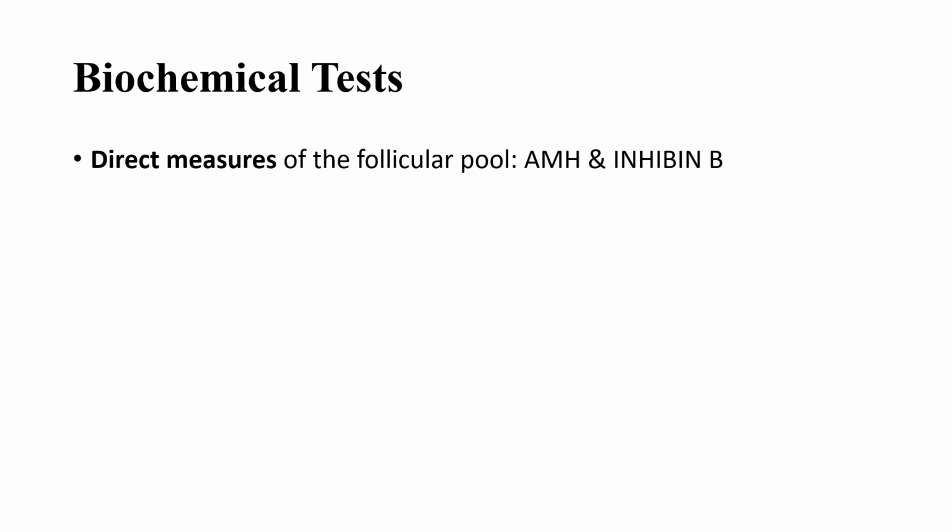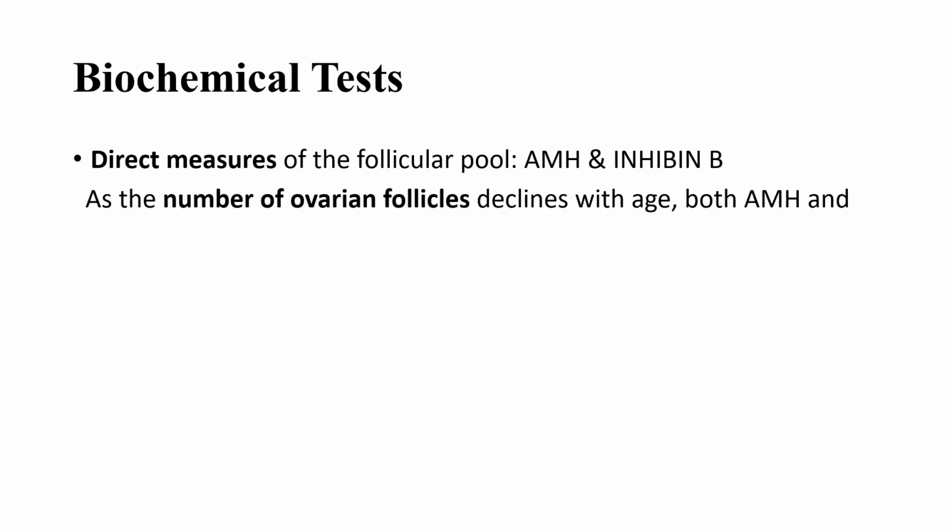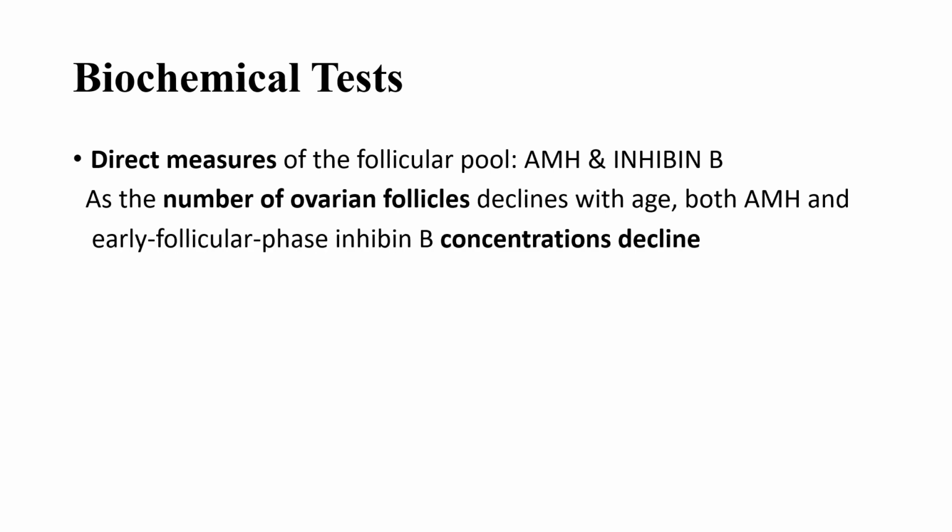For the direct measure, as we have seen, the antral follicle and the pre-antral follicle will secrete AMH and inhibin B. So the direct measures of ovarian reserve are AMH and inhibin B. As the number of ovarian follicles declines with age, both AMH and inhibin B concentrations also decline. This we have discussed about the direct tests.